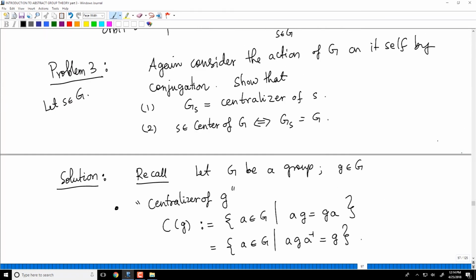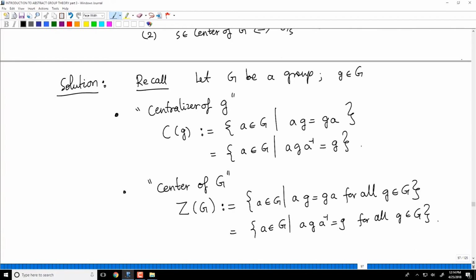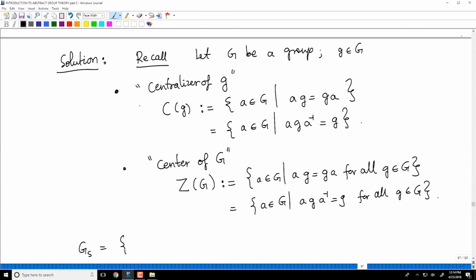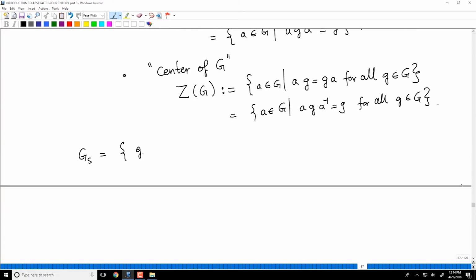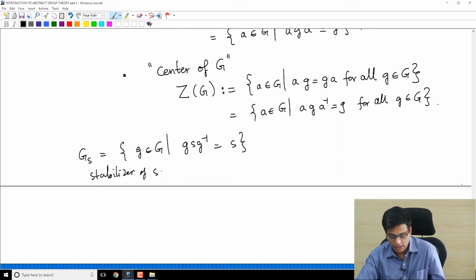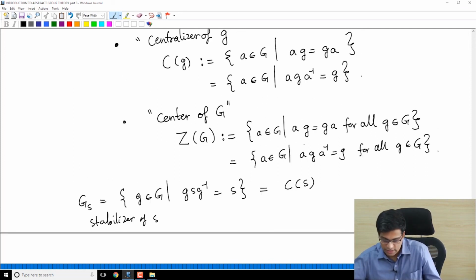So this is the centralizer and center that we have defined earlier. Now for the action of conjugation, the action of G on itself by conjugation, show that the stabilizer is the centralizer. Now what is a stabilizer? This is almost clear from the definition now, right? Because G_s is by definition g in G such that g s g inverse is s, the stabilizer of s. Stabilizer of s is by definition this, but this is of course the centralizer as I have written here.